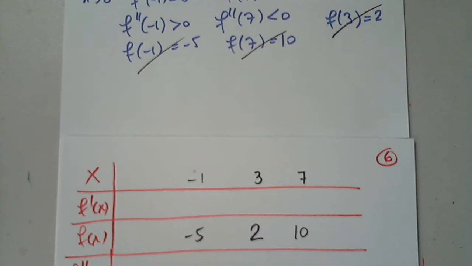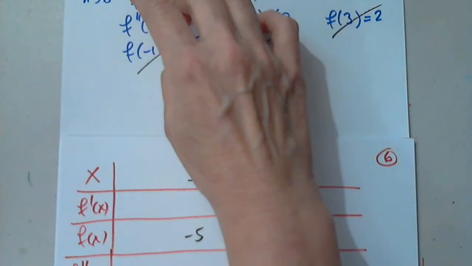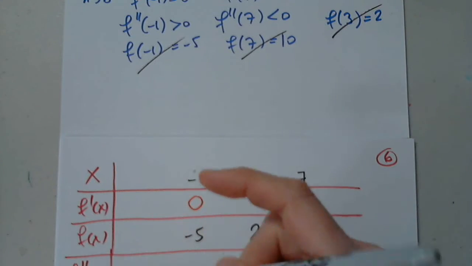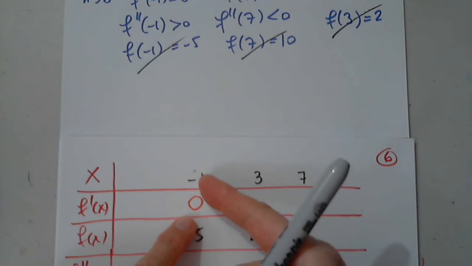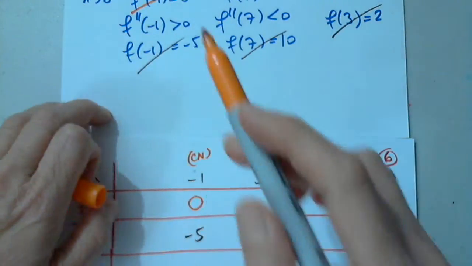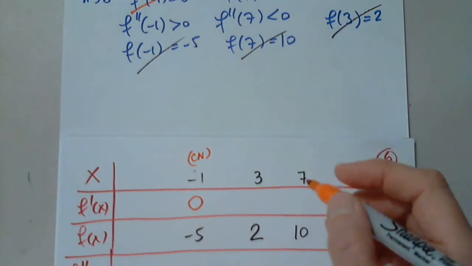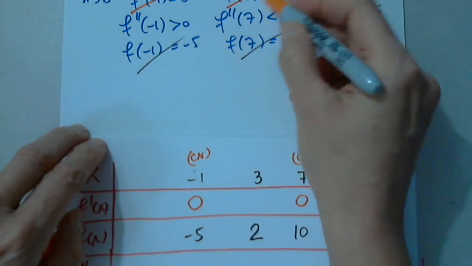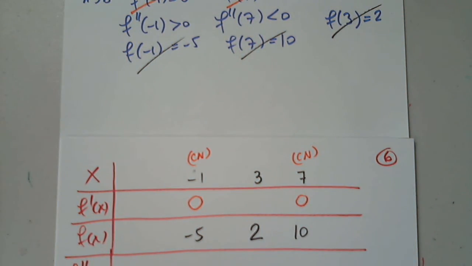I continue with the first derivative, of course. So let's see. F prime of -1 is 0, which tells me that this is a critical number. F prime of 7 is 0. That's another critical number. Finish with the first derivative.